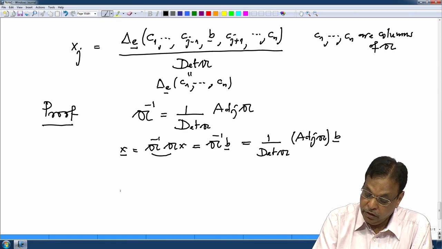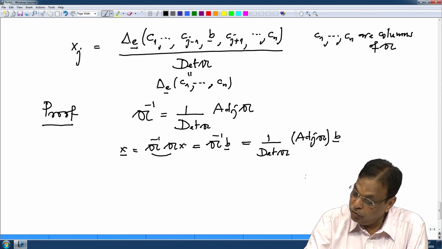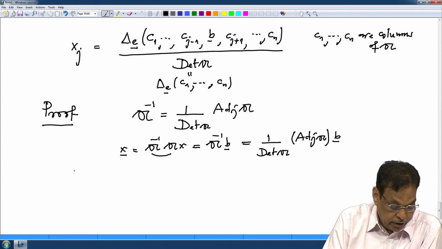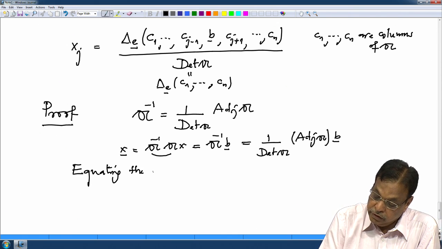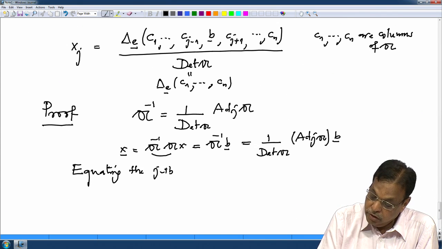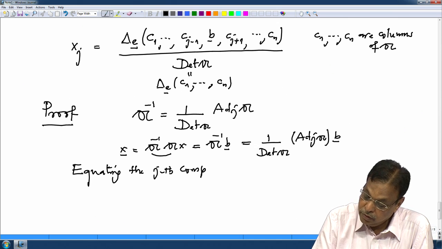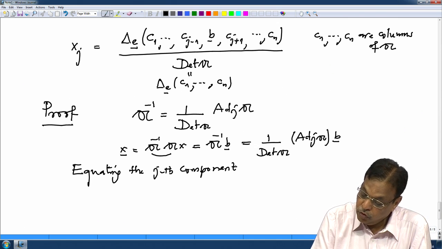This is a column vector, this result is also a column vector, so equating the jth component on both sides.